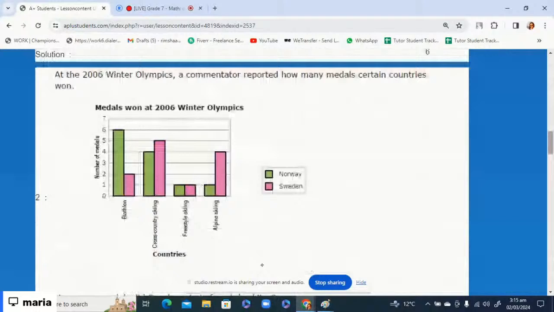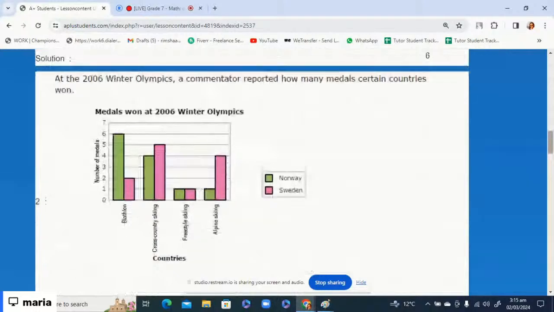Alright, at the 2006 Winter Olympics, a commentator reported how many medals certain countries won. These are the countries, okay? And here are the numbers of medals which are given. The green one shows Norway, and the pink one shows Sweden, for each country.